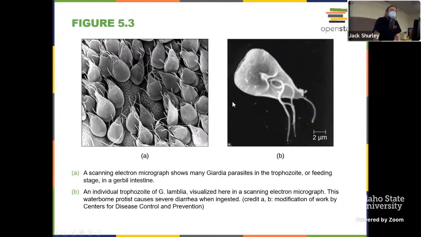Giardia gets into us through contamination, like drinking water that's got some of these cysts in there. Hiking puts you at risk if you decide you want to drink some water right out of the stream. Lots of people are schooled on the fact that you should not do that. You shouldn't just drink this water, even if it looks fresh, even if it looks crystal clear.